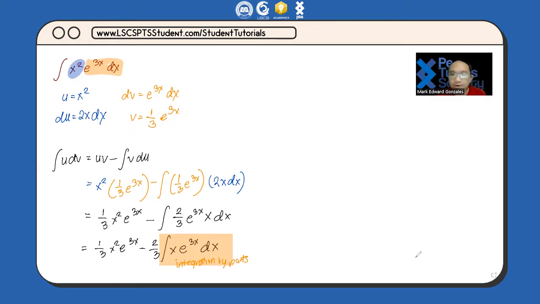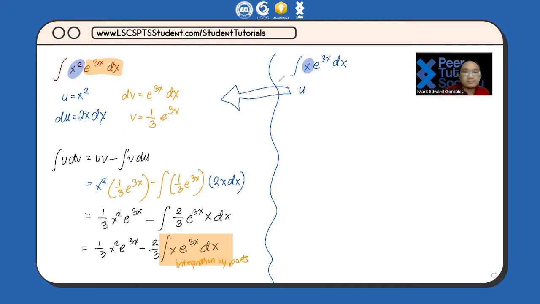So let's go. So we solve this using integration by parts. So what would be our u? Our u would be x, kinda similar to what we're doing over here.